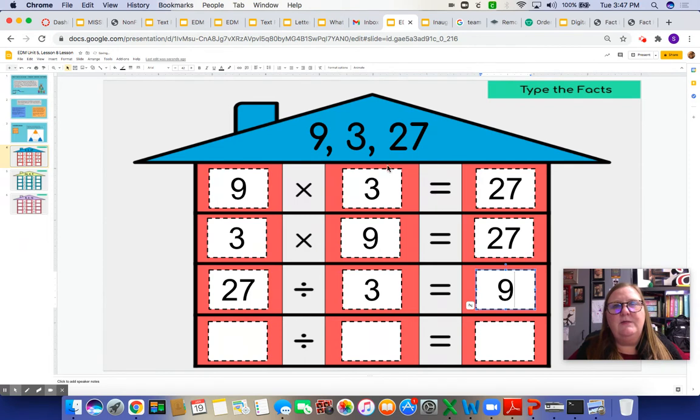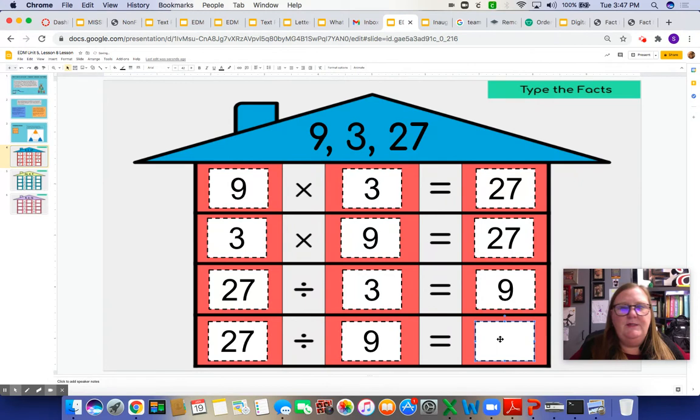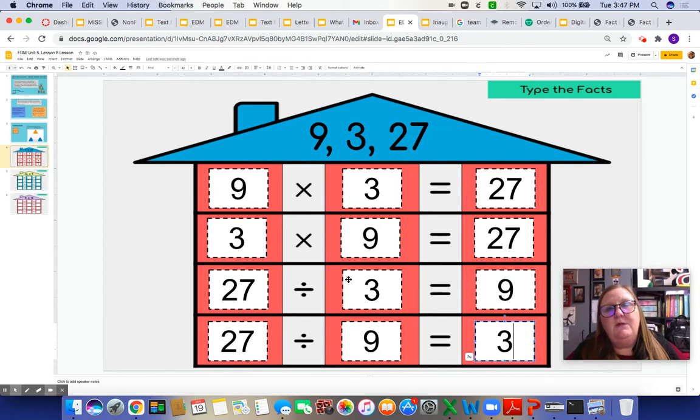Again, we're using the same 3 numbers all the way through. And then 27 divided by 9, and I'm going to get 3. So once you learn your threes tables and you know that 9 times 3 equals 27, you would also know that 27 divided by 3 equals 9.